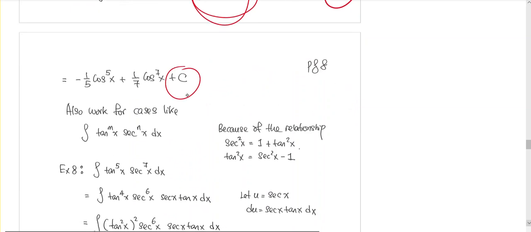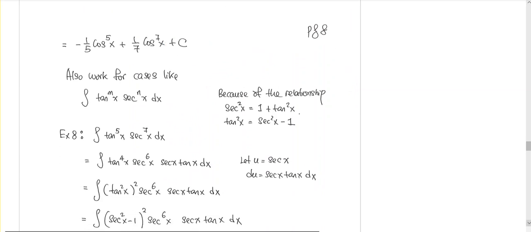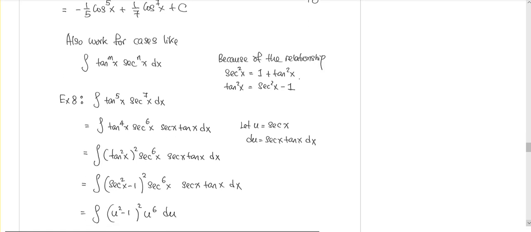It's getting a little bit boring now, so let's move to some other trigonometric functions, such as tangent and secant. Now, if you have tangent and secant appearing next to each other, this is actually something that we can play with.